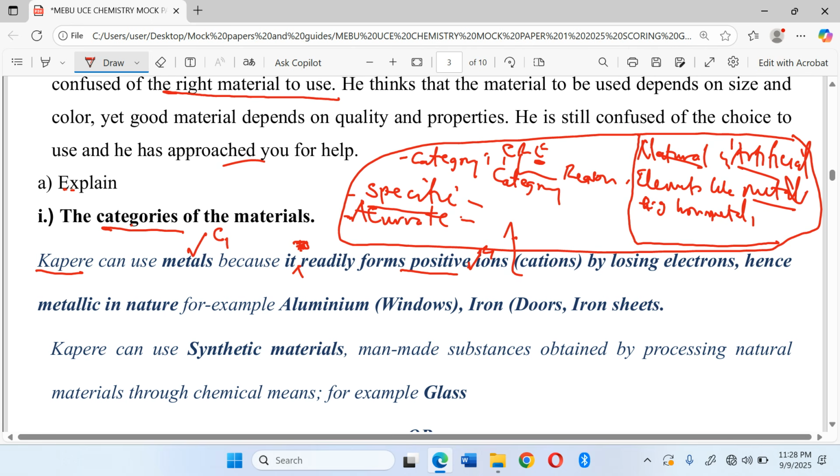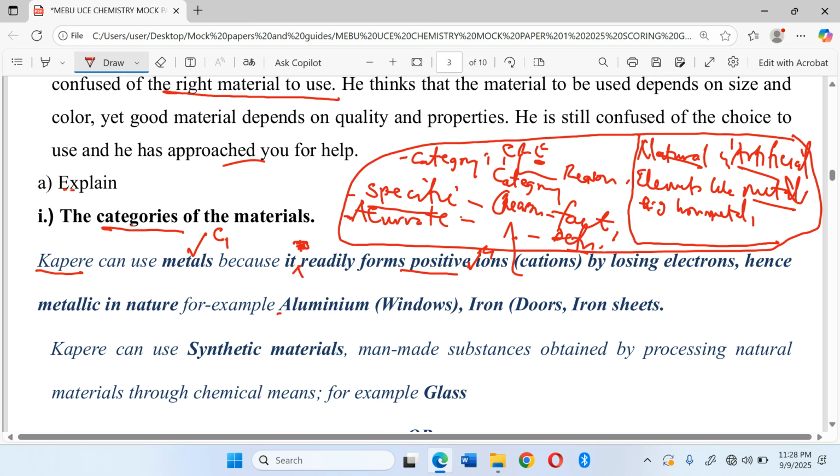So we are saying that the reason we are giving is a fact or even the definition. Why do you call it a metal? So we want to see the fact or the definition. And which metals are we talking about?